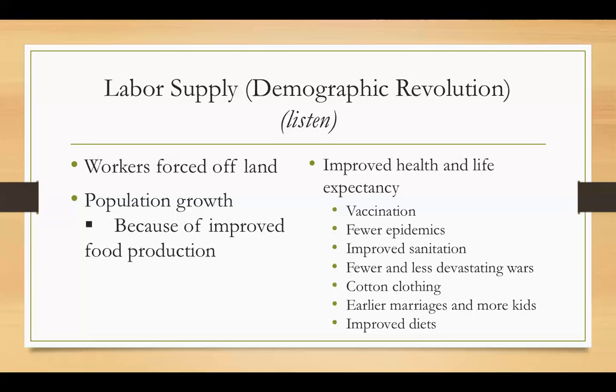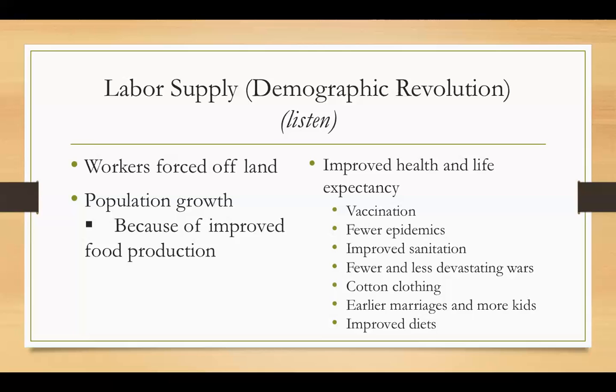So, hey, maybe disease is linked to the fact that we have poor sanitation. So cities start to build infrastructure with better sanitation. And eventually we get fewer and less devastating wars.